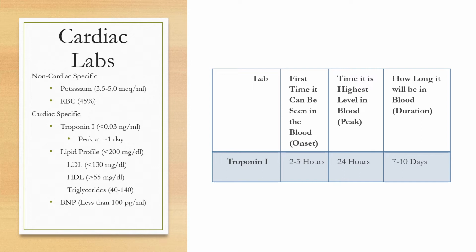And triglycerides in general should be less than 140. BNP is a blood test that we can take if we think someone might be in congestive heart failure, because BNP is released by the ventricles when they're distended.